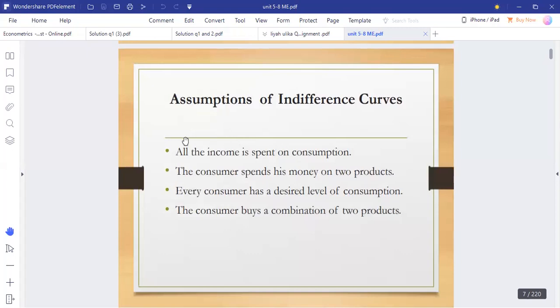So the assumptions of indifference curves: number 1, all the money is spent on consumption. Number 2, this consumer has only 2 products to spend on. Number 3, every consumer has a desired level of consumption. Number 4, the consumer has a combination of the 2.